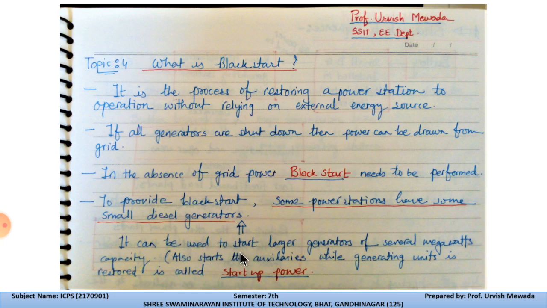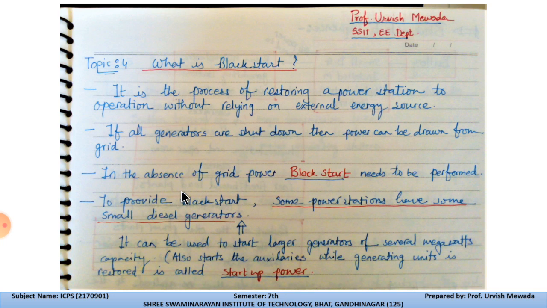It can be used to start large generators of several megawatts capacity, and also to start the auxiliaries while the generating unit is being restored. This is called the startup power. That startup power can be provided with the help of a diesel generator.